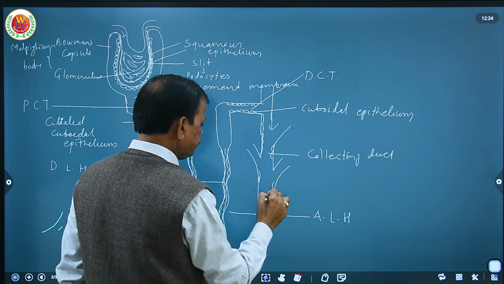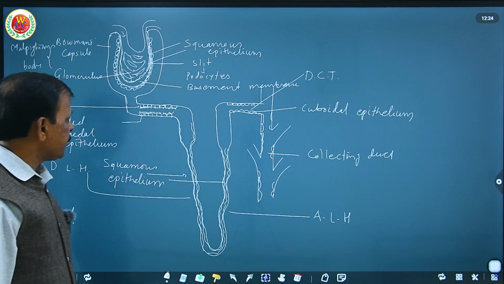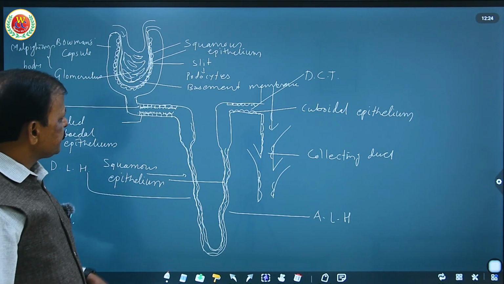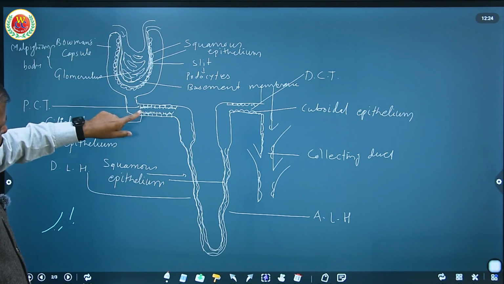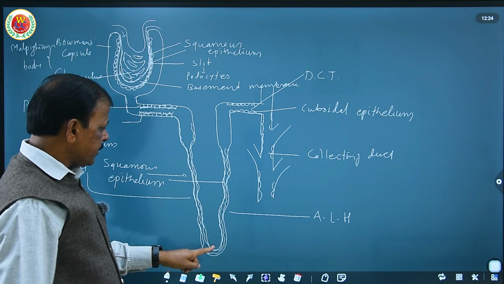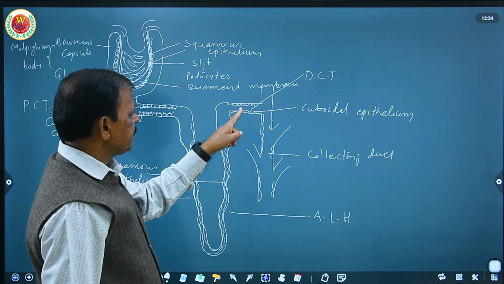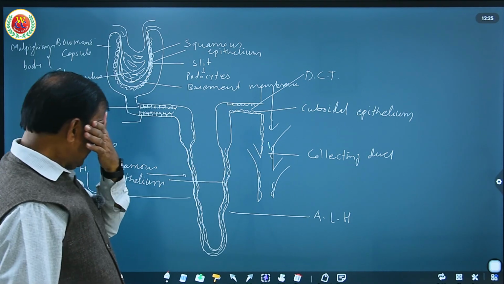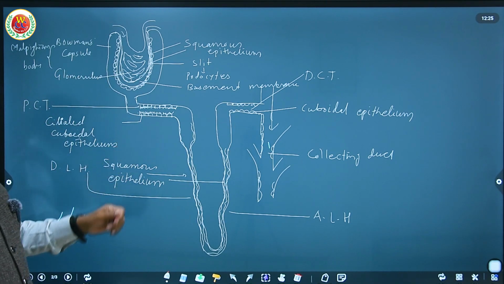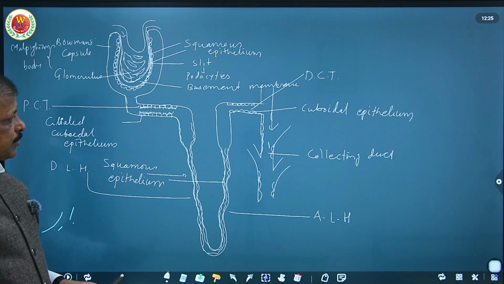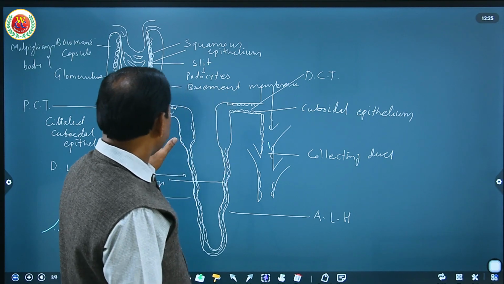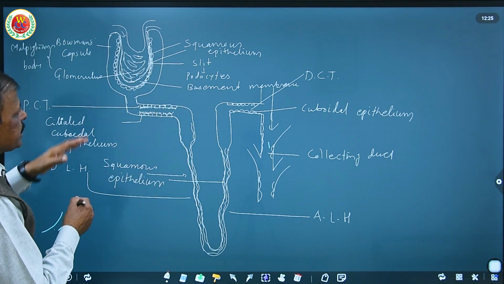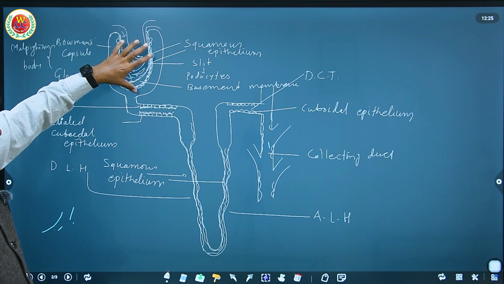So finally, the overall structure is called the kidney tubule, which is composed of Bowman's capsule, PCT, descending loop of Henle, ascending loop of Henle, DCT, and collecting duct. All these structures are involved in the process of urine formation. Ultrafiltration occurs in Bowman's capsule.